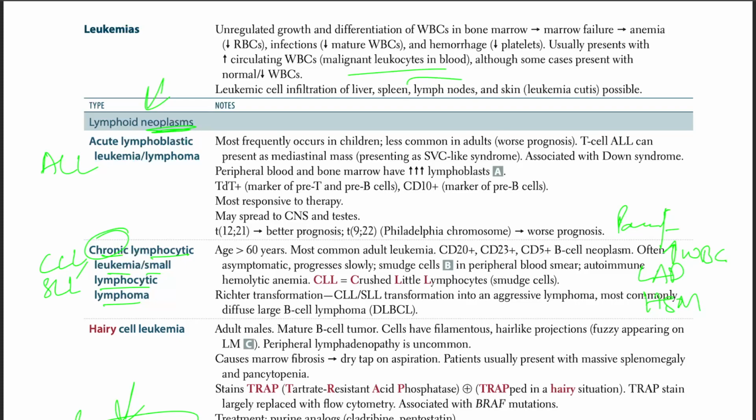Okay, with this hemolytic anemia, and you have hypogammaglobulinemia, that leads to infections. And it is a B cell neoplasm.